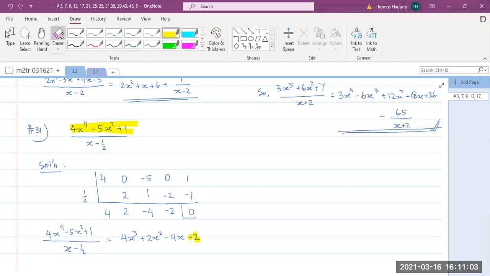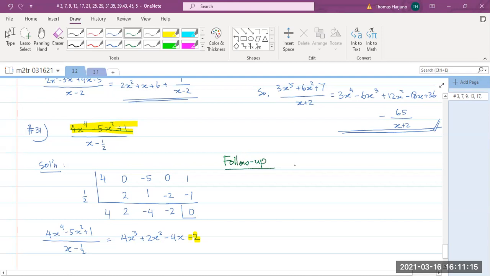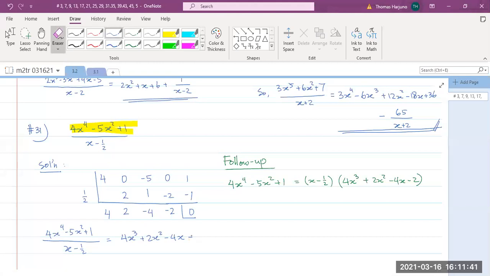Okay, let me do some follow-up work. Now, since the remainder is 0, we can write 4x to the 4th minus 5x squared plus 1 as x minus 1/2 times 4x cubed plus 2x squared minus 4x minus 2. And I can go on further.